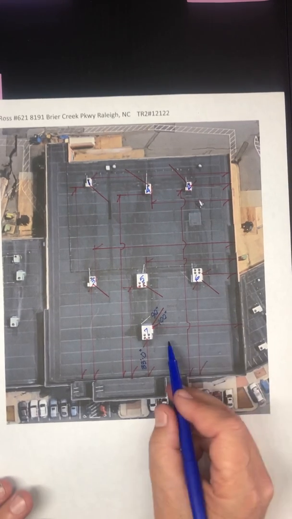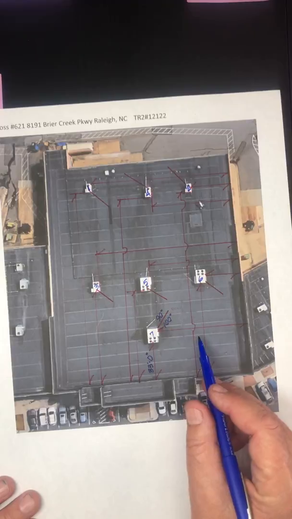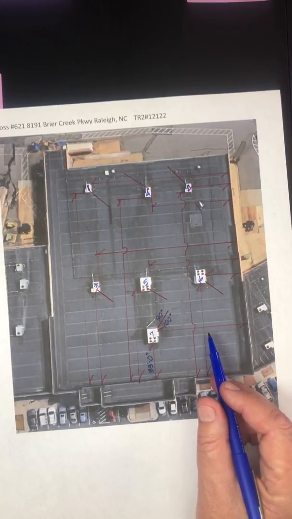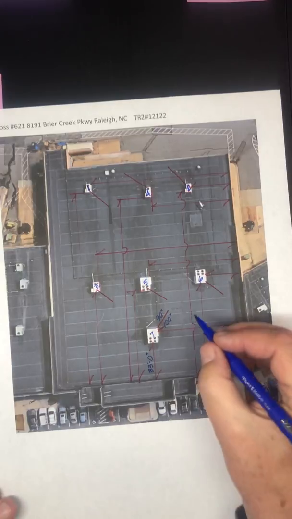And I measure this dimension here, and I find that it is, aha, 71 foot 7 inches.